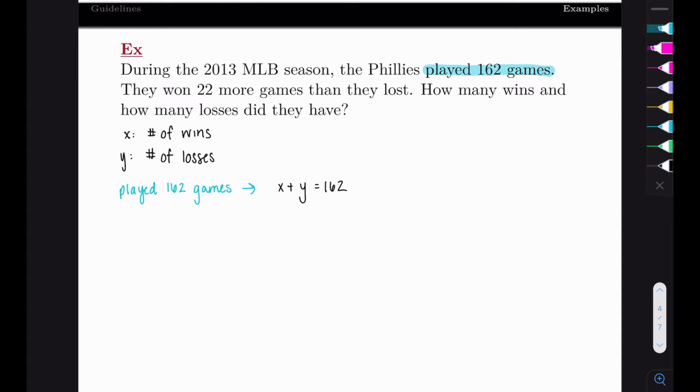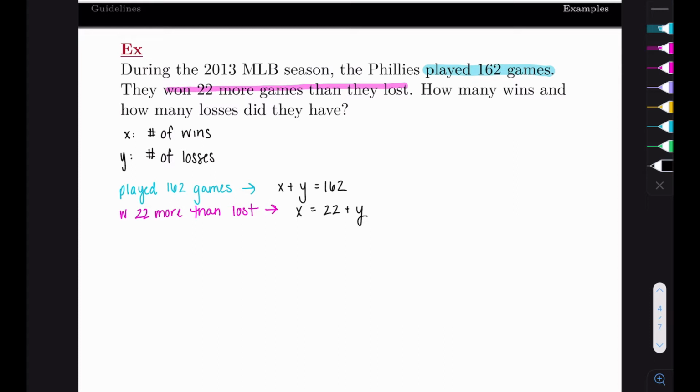The second piece of information they tell us is they won 22 more games than they lost. So really what that means is the number of wins, which is our X, is 22 more than the number of losses.